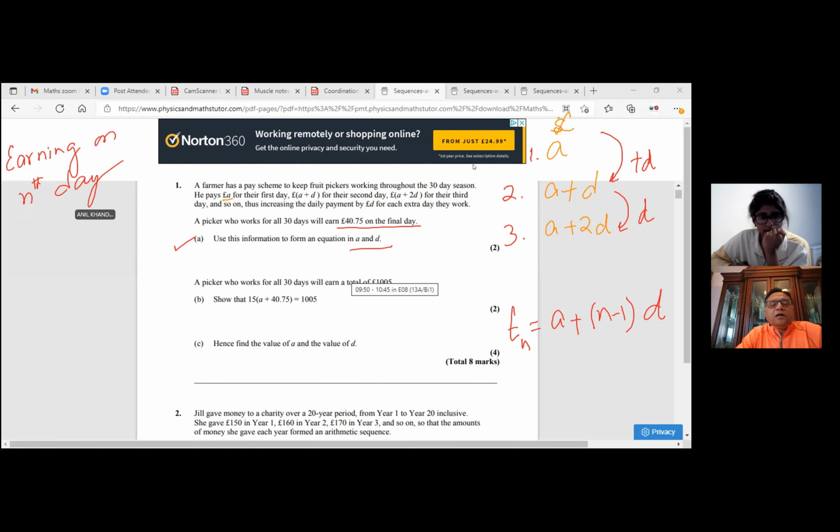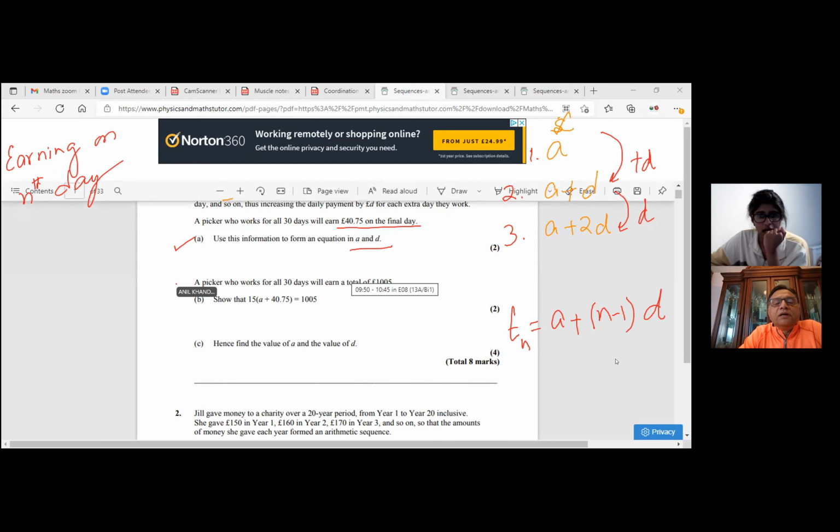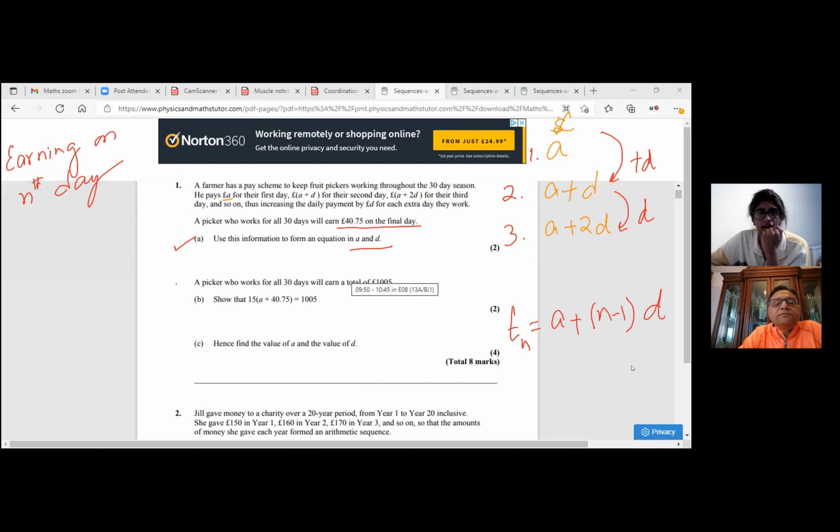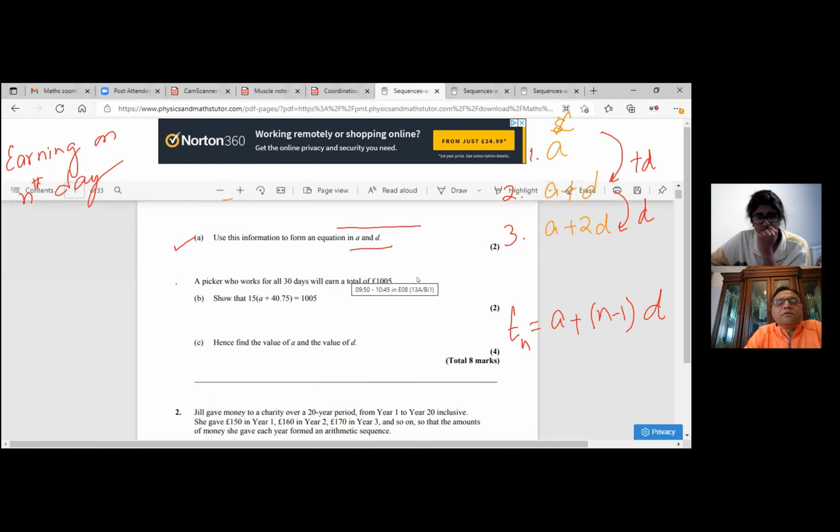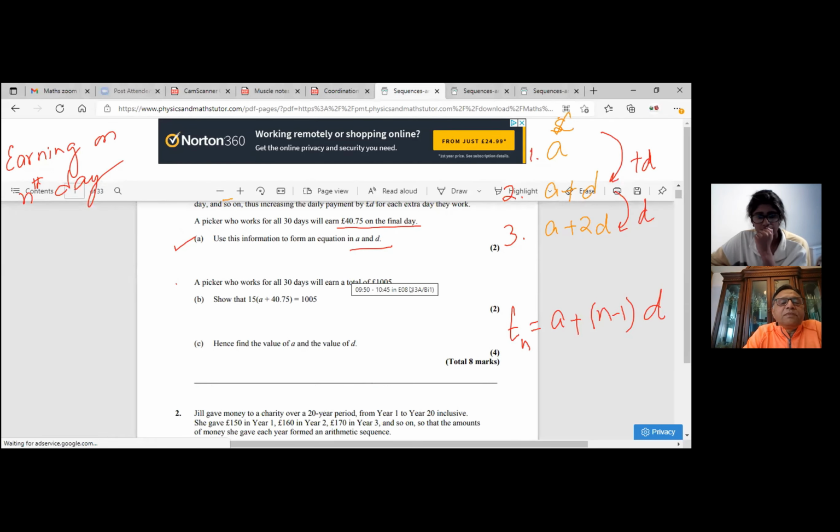Now, a picker who works for all 30 days will earn a total of how much? Can you read? No, this is the next question. Okay, that is the next part.